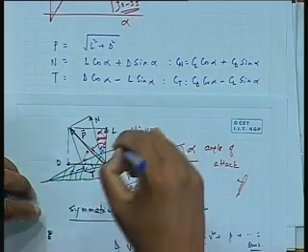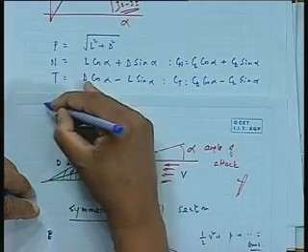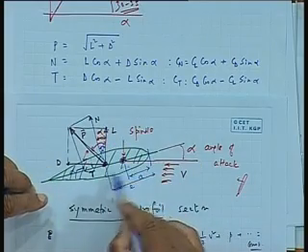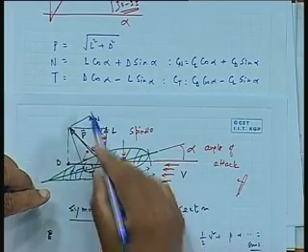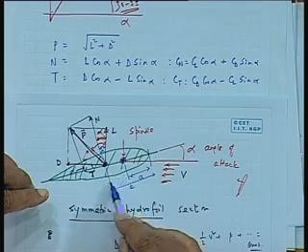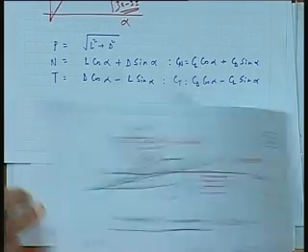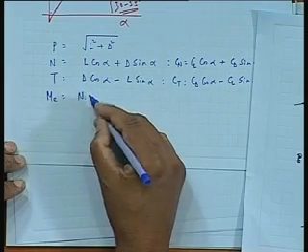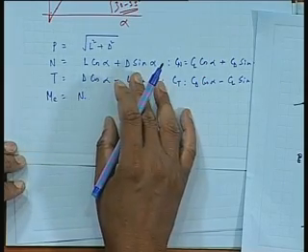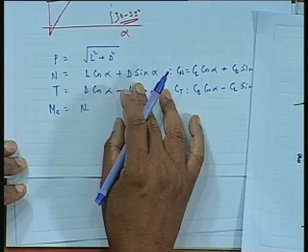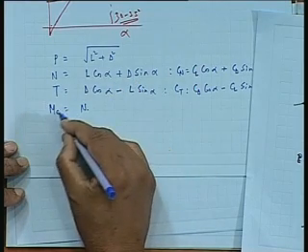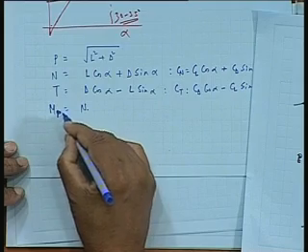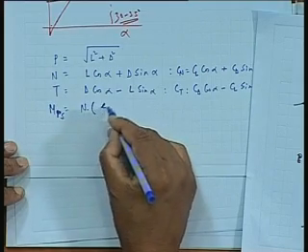This is my stock here, on which this force comes, and I want to find out the moment coming on that stock. That will be N into this distance. The moment coming will be N into E minus A. So the moment on the rudder stock equals N into E minus A.